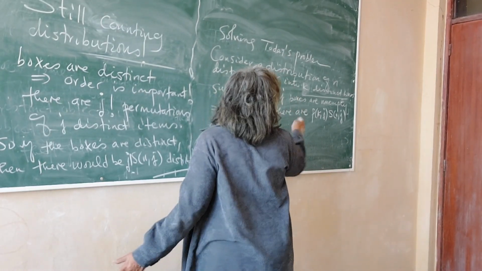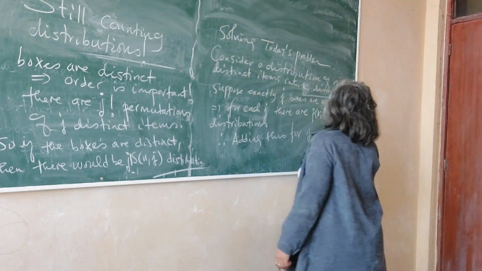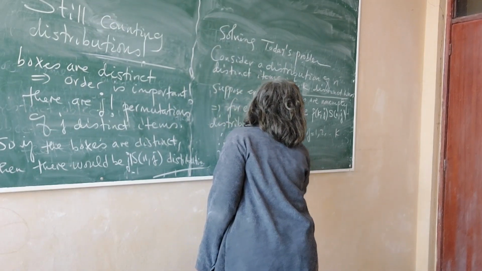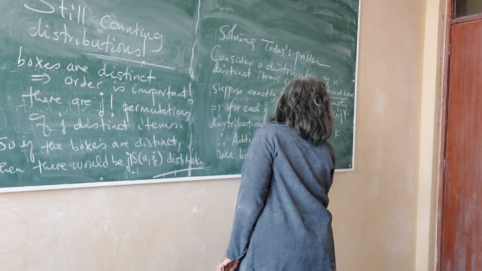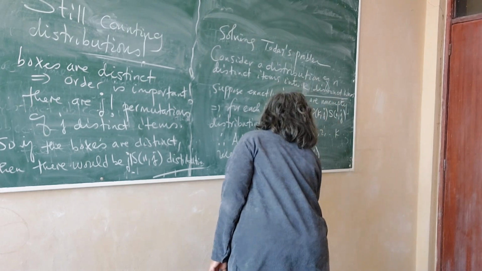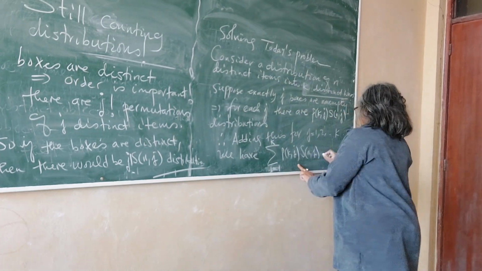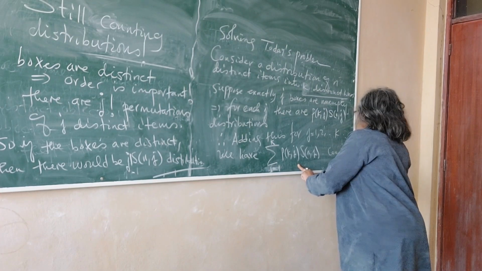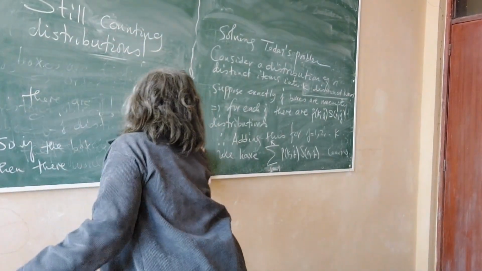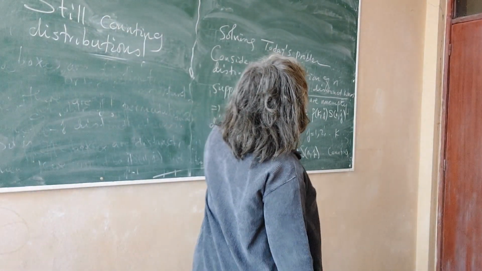Therefore, adding this for j varying from 1 to k, we have the sum of P(k,j) times S(n,j), where j goes from 1 to k, counting what we are interested in, because at a time we have exactly j boxes which are non-empty.